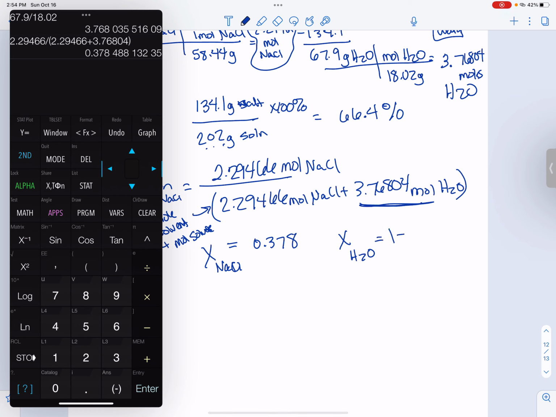But the quicker way to get to the mole fraction is to subtract the first number from 1. It's kind of like having a percentage and subtracting from 100 if you only have 2 percentages. So if it had asked me for both, that gives me 1 minus answer, 0.621.